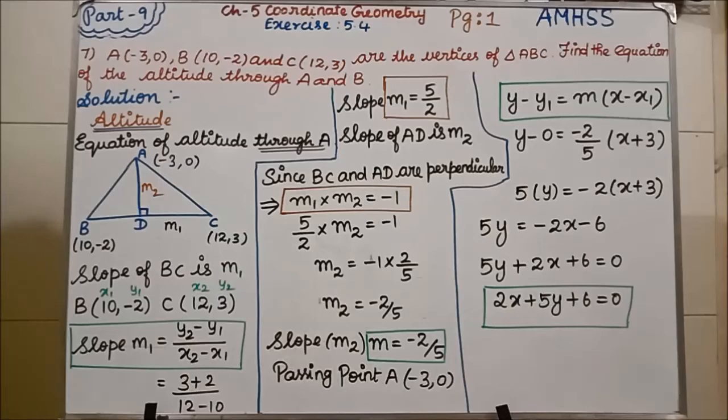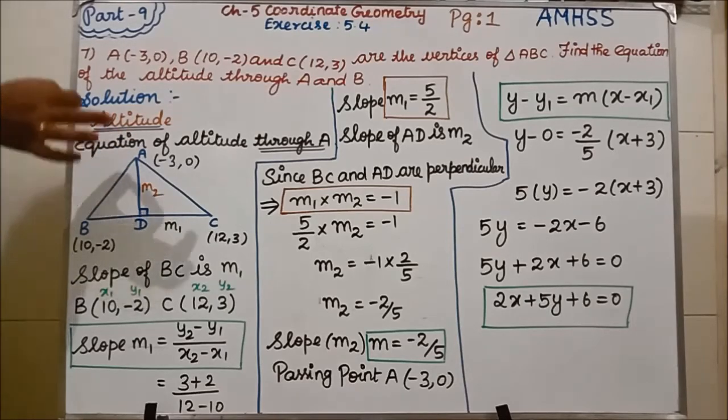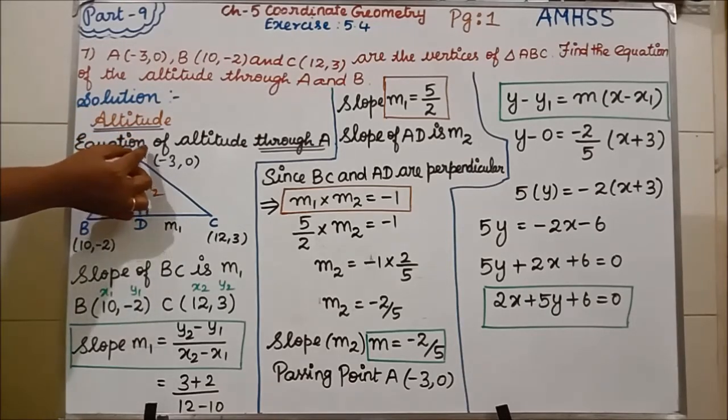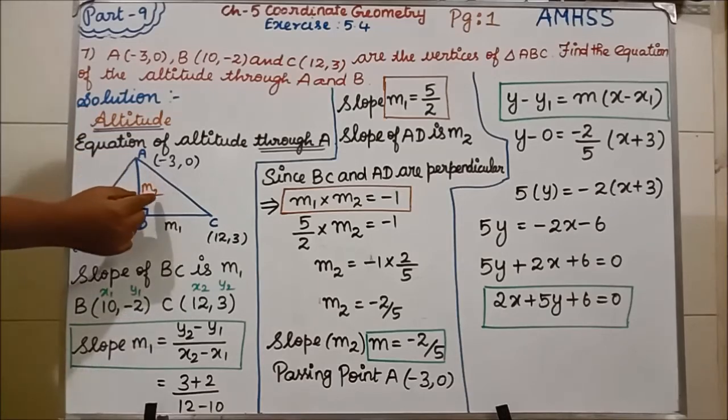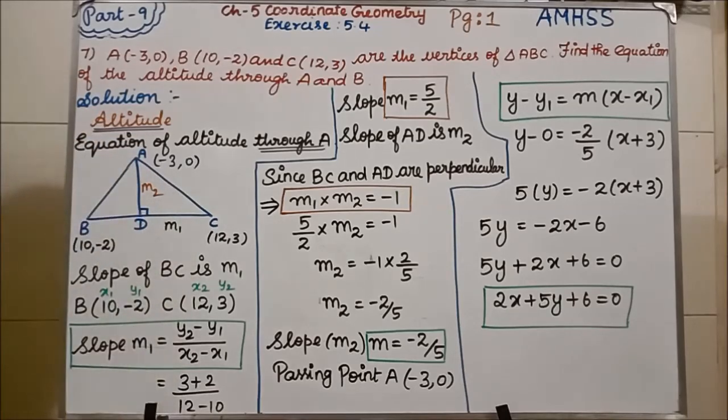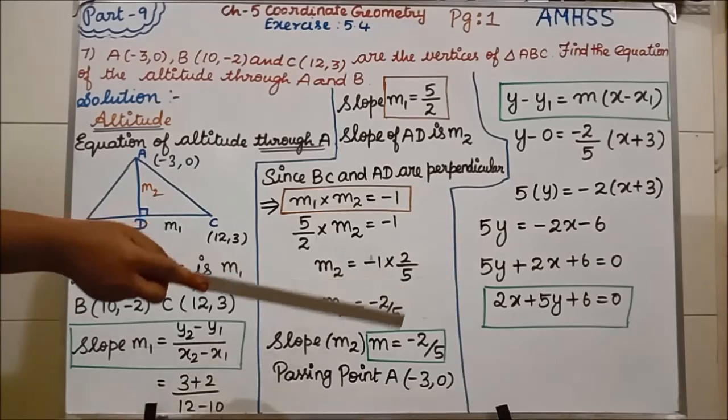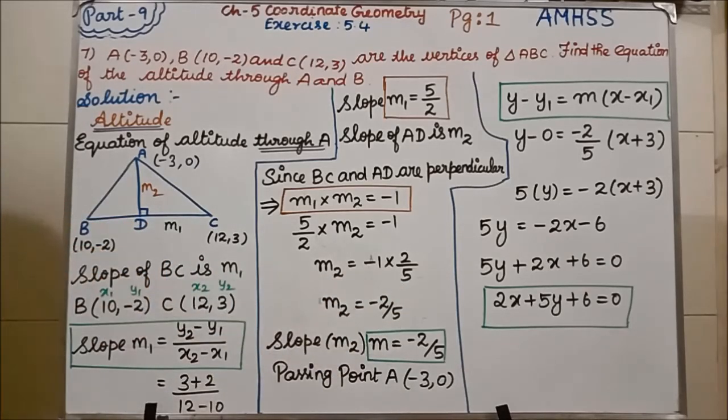Okay, now what we have to find? This equation, the straight line equation we have to find. So for that we are having one vertex, and we are having the slope. Okay, so now in 5th problem itself I have told you, one slope, one point. One slope, one point means what is the formula?